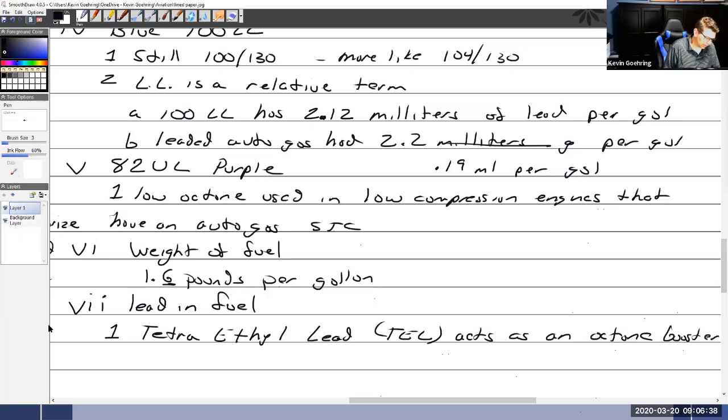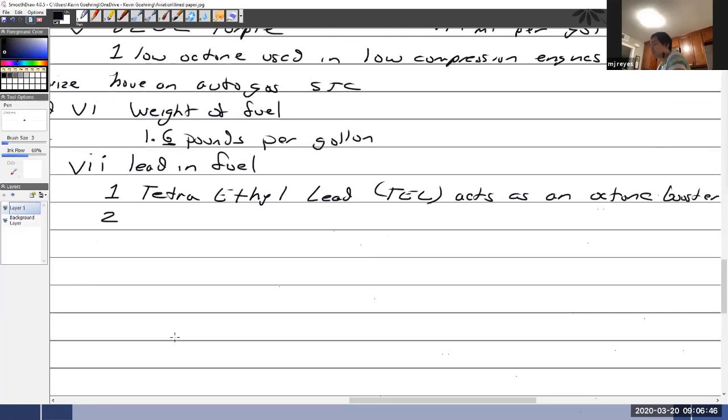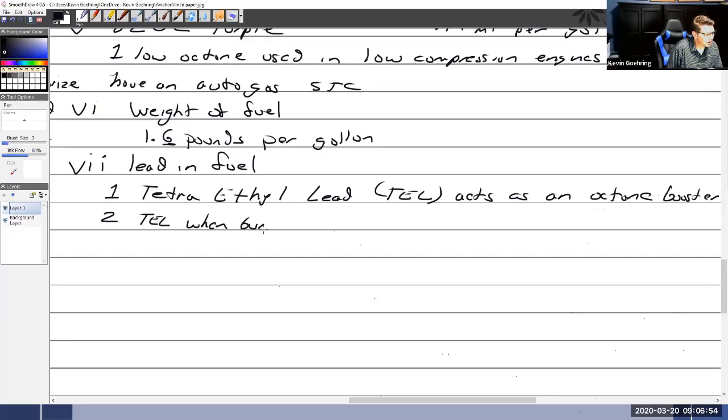Some of this is going to get a little technical, but I want you to understand where I'm coming from. So TEL, tetraethyl lead, in the fuel, when burned, forms lead oxide.